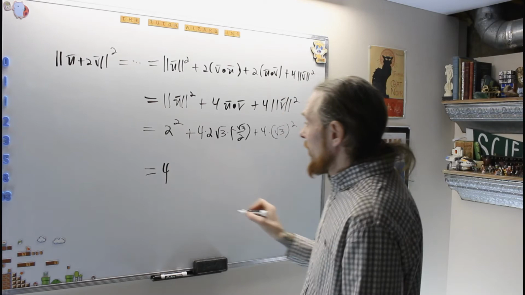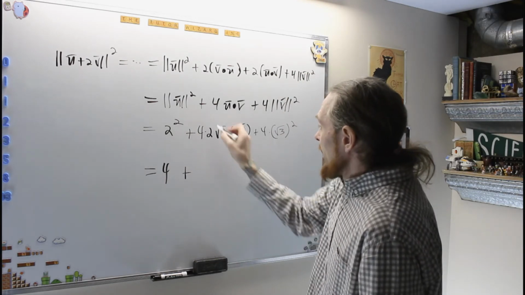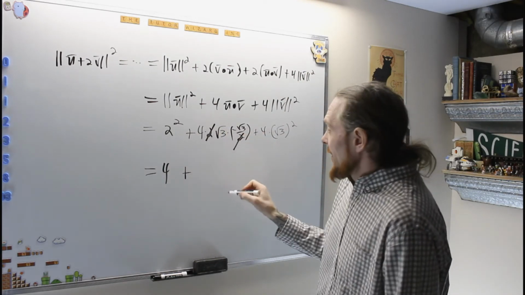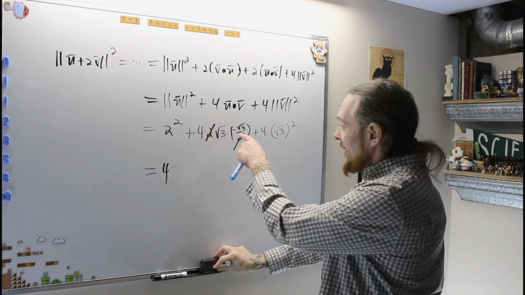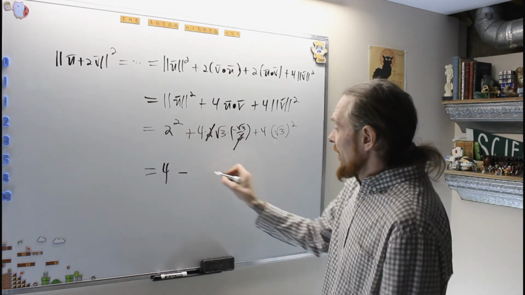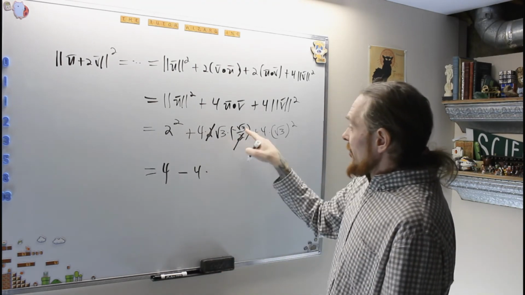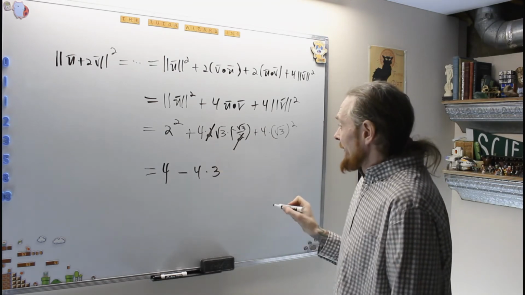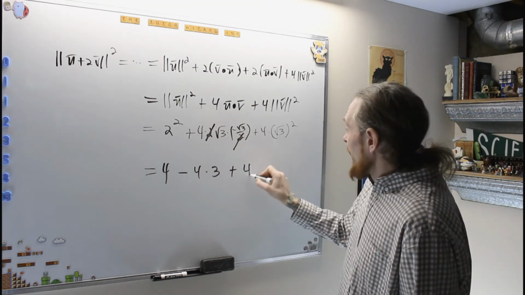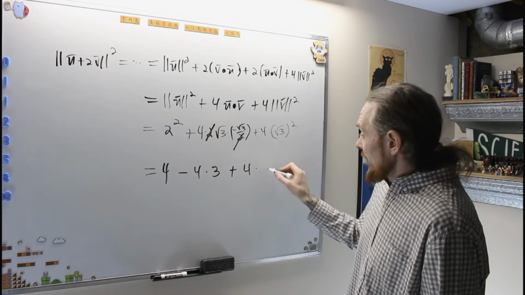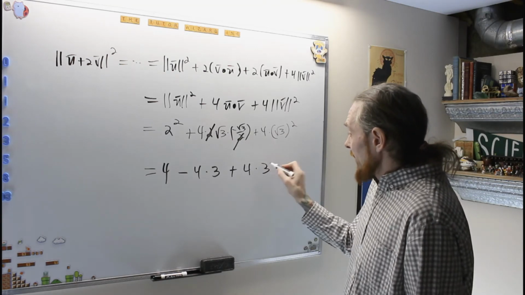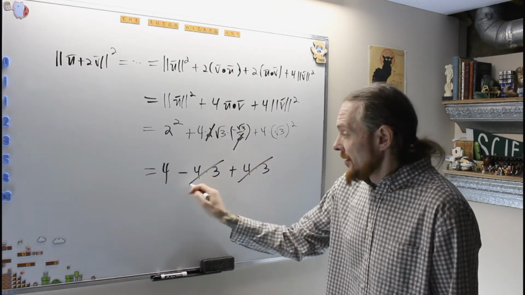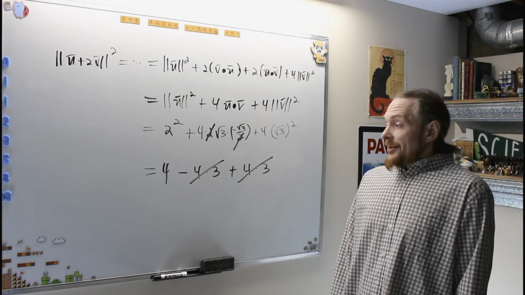Equals 4, plus these 2's cancel, and then I actually get a minus because of the negative, minus 4 times root 3 is 3, and then plus 4 times root 3 squared is 3, which is going to cancel nicely.